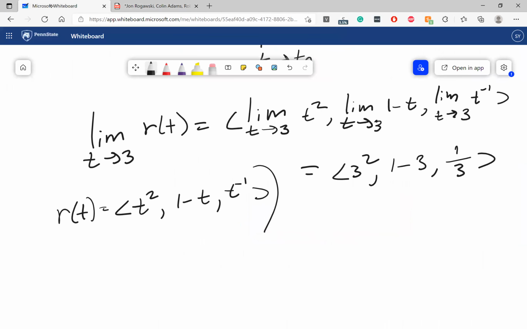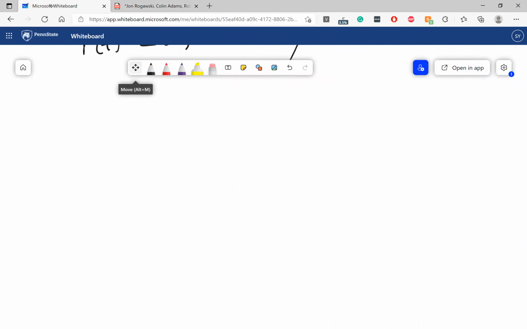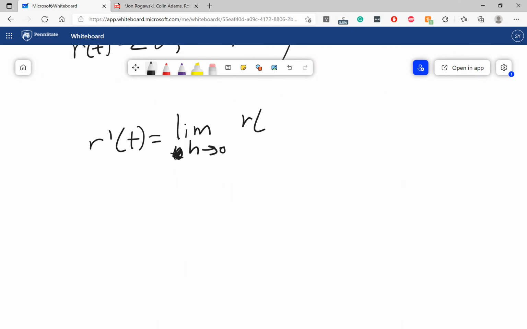So we can say r prime, and this prime is with respect to t, because that's the only variable that you have, is equal to the limit as h approaches 0 of r of t plus h minus r of t over h.